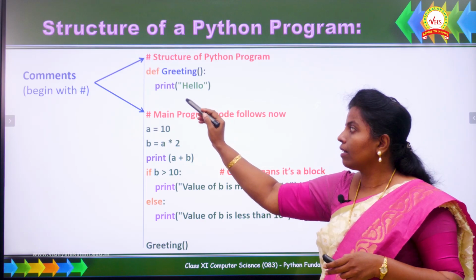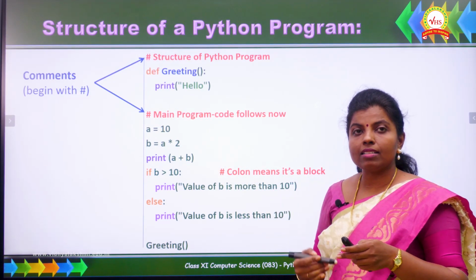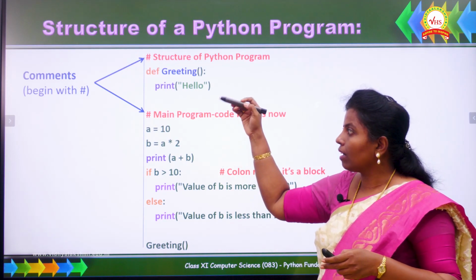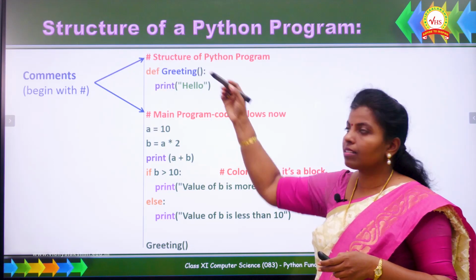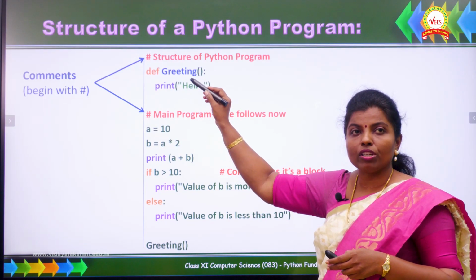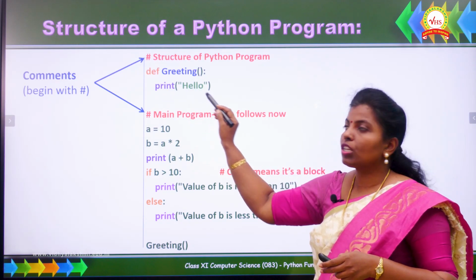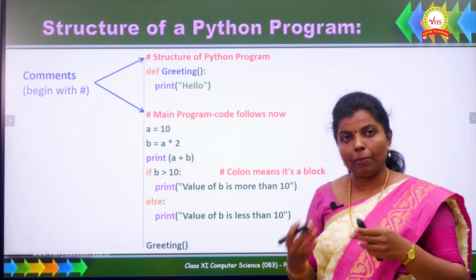Followed by the function header, we have indented statements. All the indented statements under the header are part of the header. They are referred to as the body of the function. As this is a function definition, the body of this function is print hello. There is only one statement, but a function may have many statements.